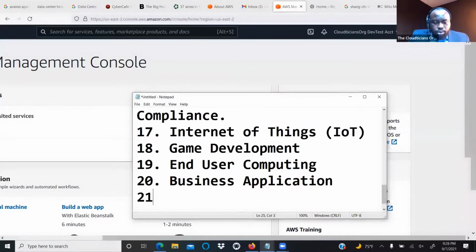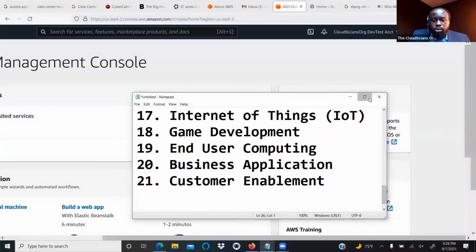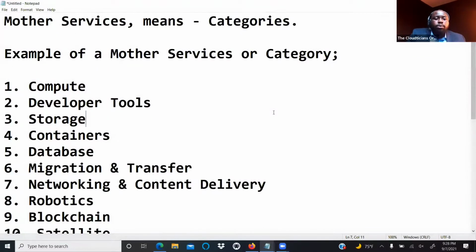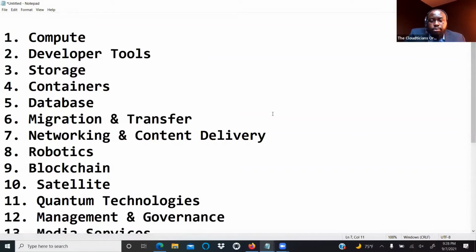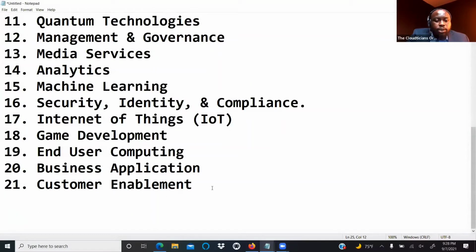I think twenty-one is customer enablement. So why is this important? I'll show you something. AR, VR. Okay, I have business application. I think it's twenty-two.